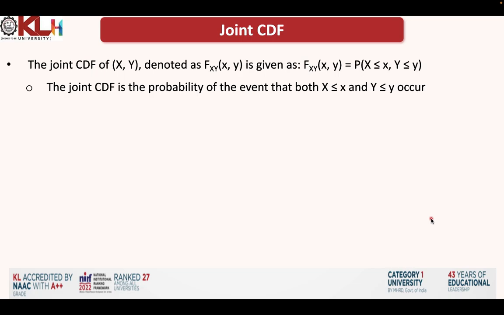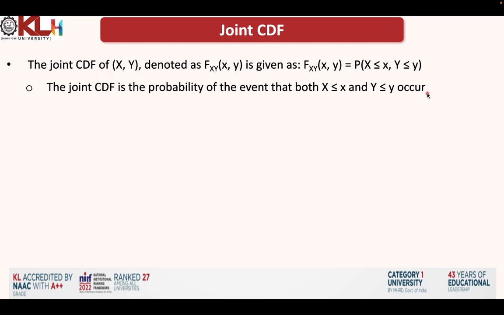So for joint random variables, we can define the joint cumulative distribution function, which is denoted by capital F_XY, and this is equal to the probability of random variable X taking a value less than or equal to x, and random variable Y taking a value less than or equal to y.